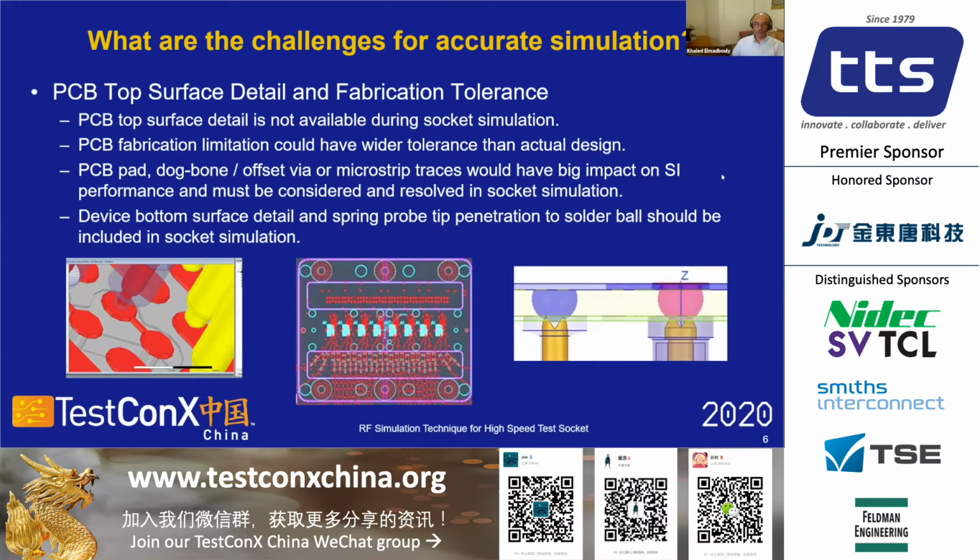What we should do at that time is start with a standard PCB fabrication design, and also start with solder ball and just a device pad to include in the simulation. Then at a later time, we can get the actual detail of the design of the test board from the customer and include that in the simulation before final release. So that's the one challenge.